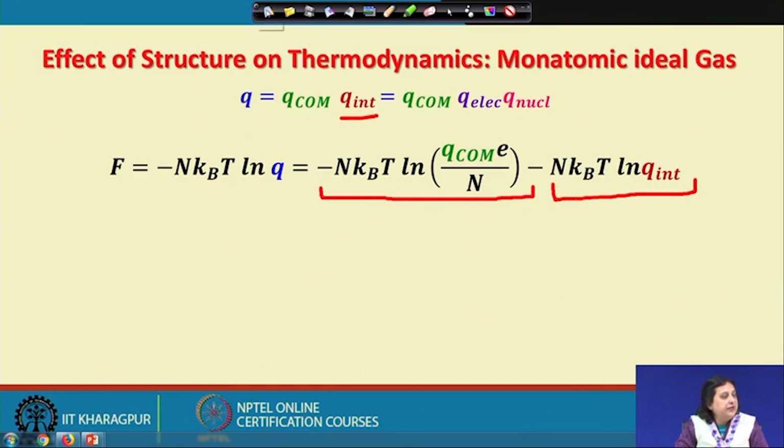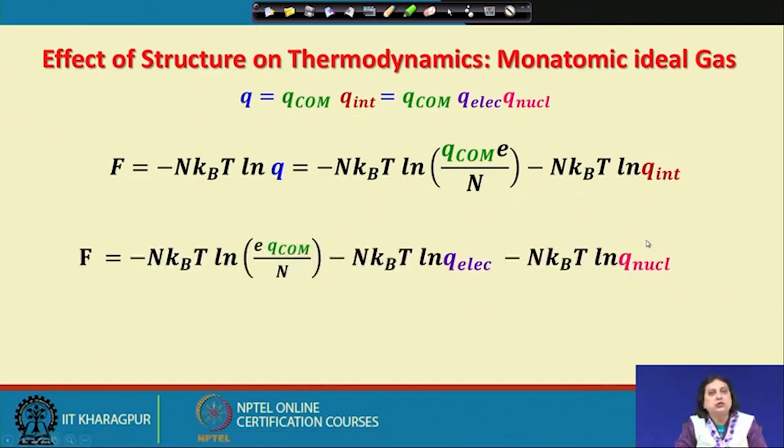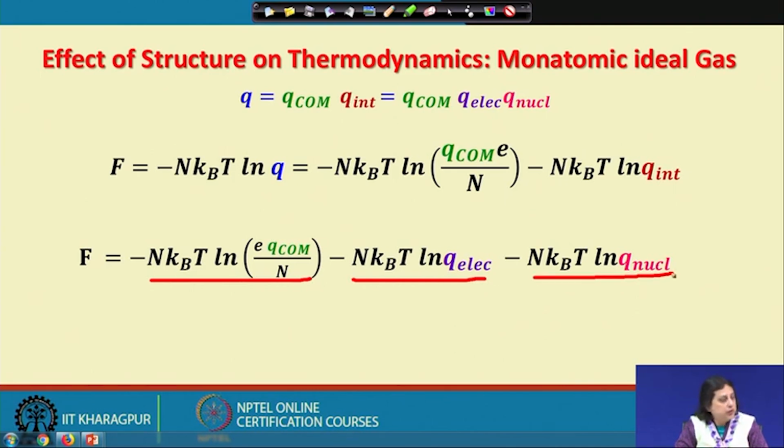So, we can very easily identify that if I write out the contributions, F corresponding to these three terms will have three different contributions: one corresponding to Q com, one to Q electronic and the other to Q nuclear.